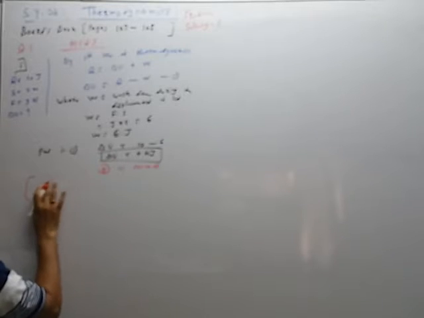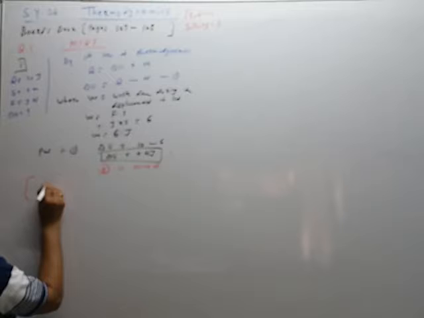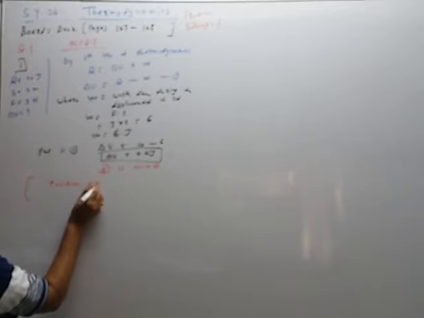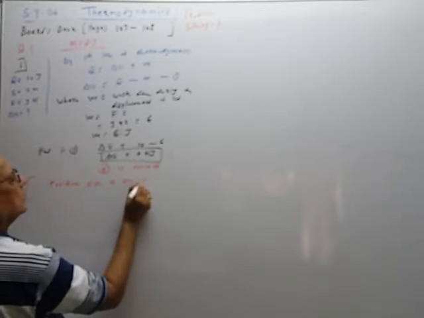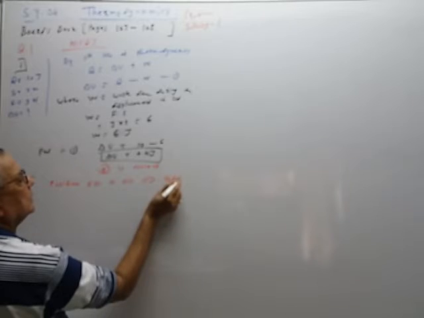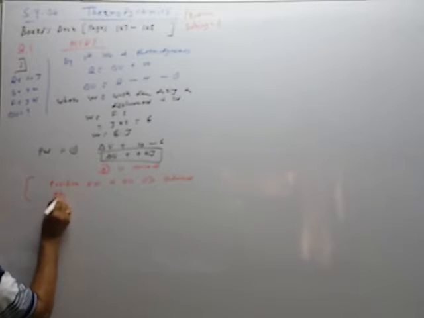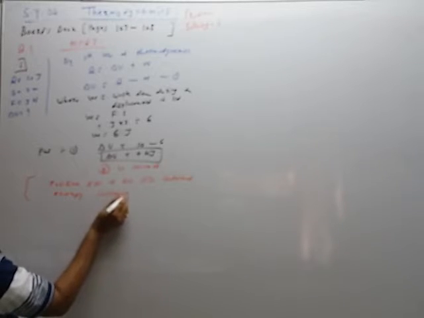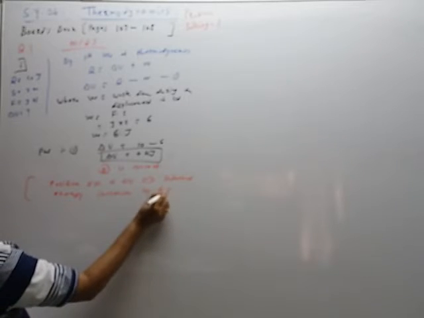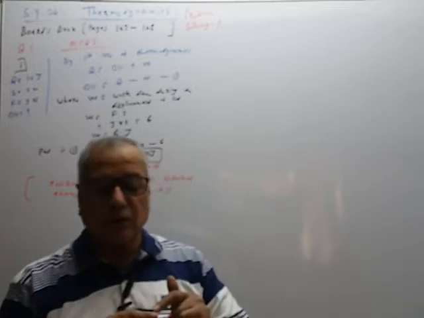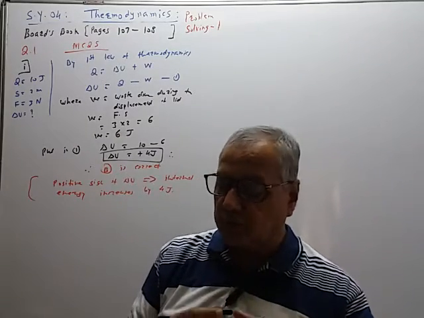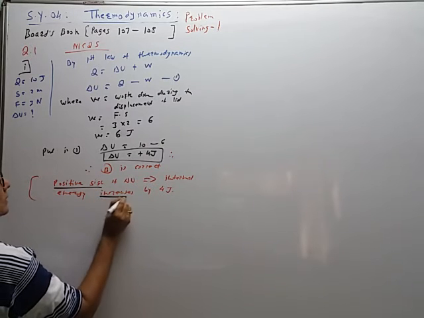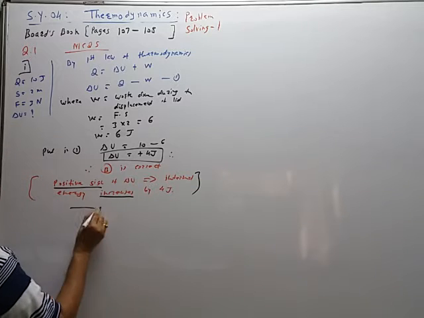Positive sign of delta U indicates that internal energy increases. Internal energy increases by 4 joule. So 10 joule energy is supplied. Out of 10 joule, 6 joule is used to perform the work done, and therefore this positive sign indicates that internal energy increases. Like this.